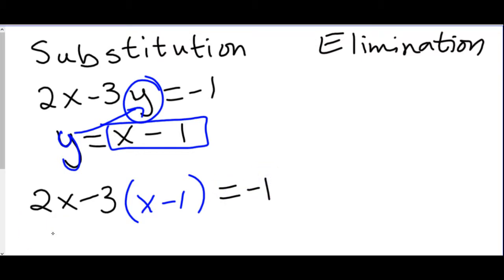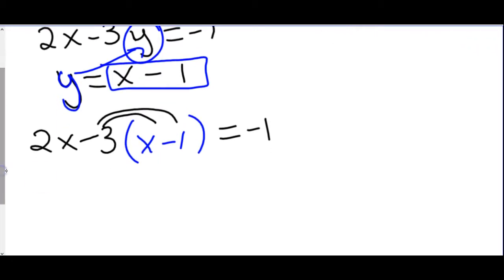So now we've got to go through and solve this equation. Usually with substitution, you're going to have to do some multiplication first. The number directly in front of the parentheses will have to multiply in. So the 2x is not actually touching the parentheses, it stays by itself. Negative 3 times x is negative 3x. Negative 3 times negative 1 is positive 3.